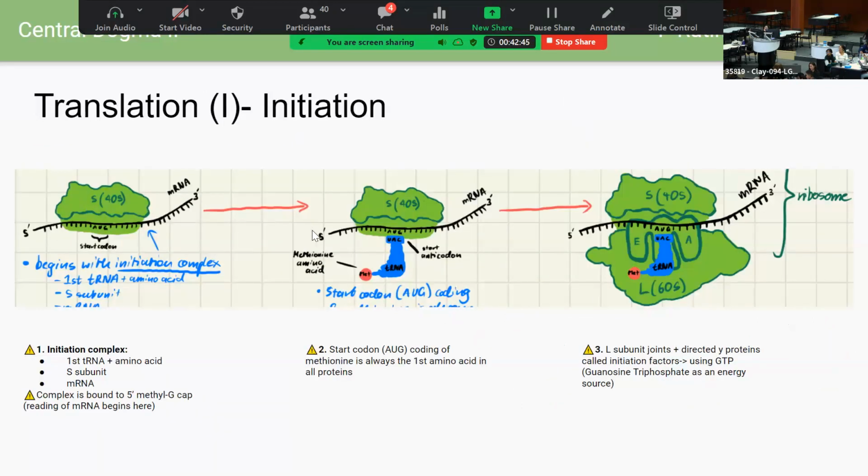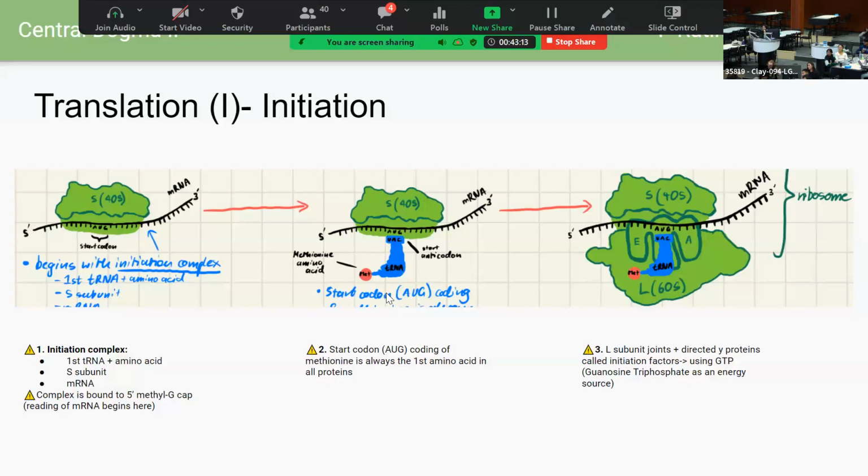Okay, so we now have the different phases of translation. It's very similar in the sense of what names these steps have. We have translation initiation. First, it binds to the small subunit of the mRNA, bound to the 5' methyl G cap.